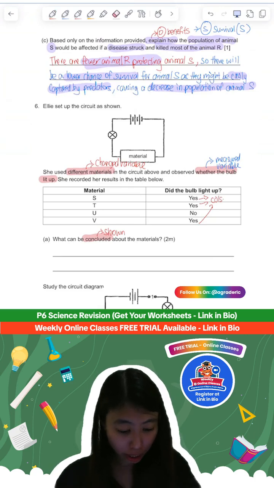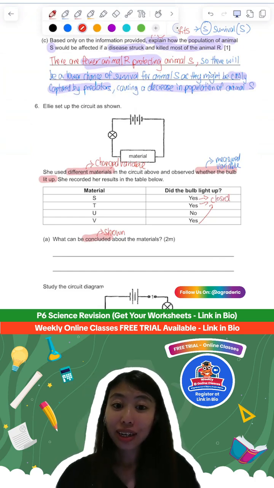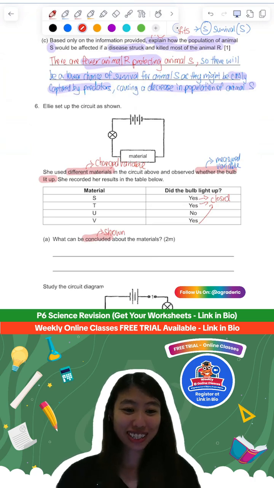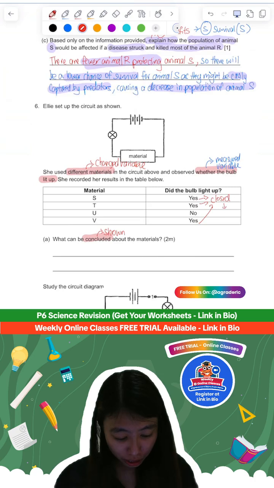If it's a closed circuit, it means electric current can flow through. If electric current can flow through, it basically means that the materials are conductors or insulators? Very good. It must be specific. Which materials are conductors? Closed means they are conductors.